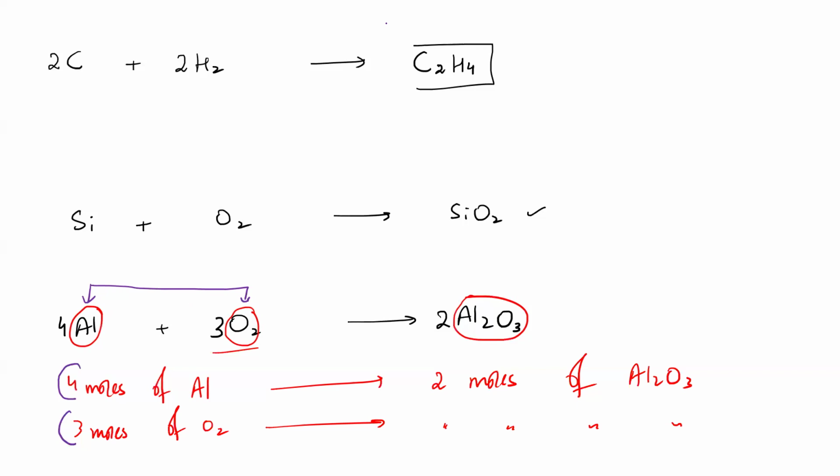How do you decide about that? So basically, 4 moles of aluminum are needed and 3 moles of oxygen are needed, right? So 4 is a bigger number as compared to 3. That means we need more aluminum and less oxygen to make aluminum oxide, right?